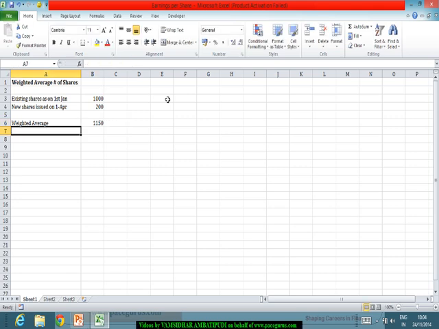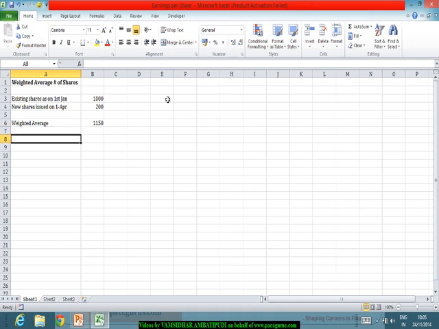For this period, to compute the EPS, I would take 1,150. I can't take 1,000, I can't take 1,200. I'll take the weighted average number of shares to compute the EPS, whether it is basic or diluted.